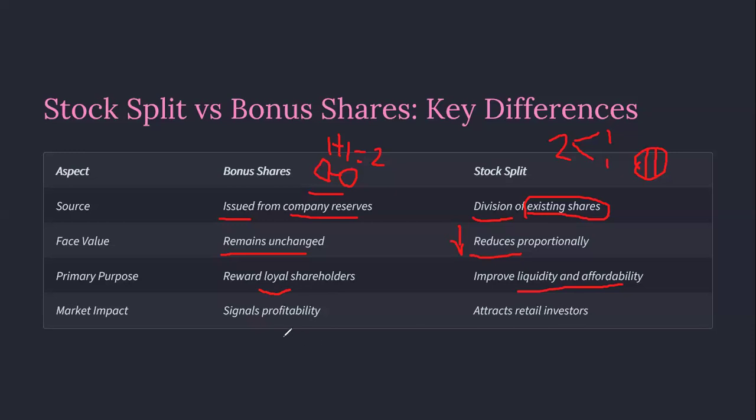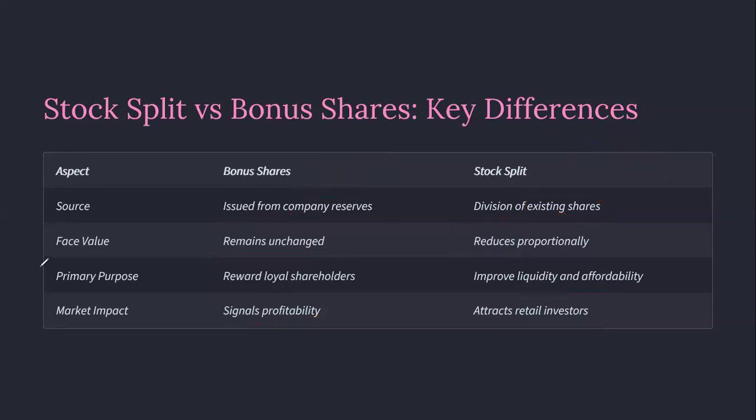When I issue bonus shares, it indicates very strong profitability, because bonus shares are issued out of reserves, and these reserves are created out of my profits. Whereas if I do the stock split, maximum people who are not able to buy the shares are attracted to buy more and more shares.